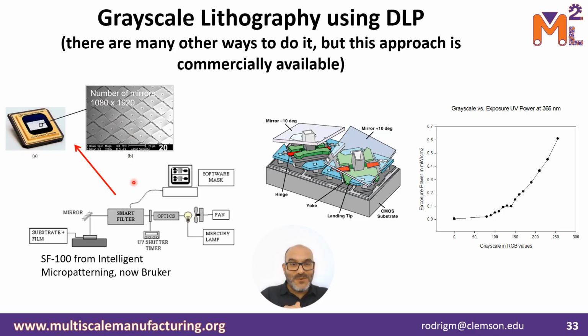I'm pretty sure that you have had maybe some TVs or that you have actually experienced this from some of the projectors in your classrooms, in your homes, right? So consider that by using this array of micromirrors, you can actually develop different intensities of light into the photoresist.